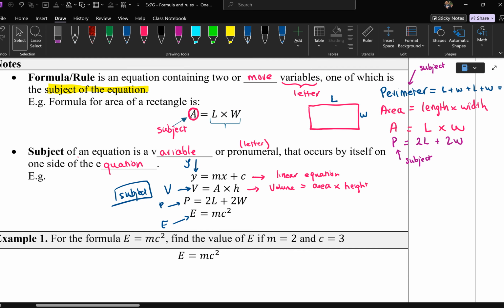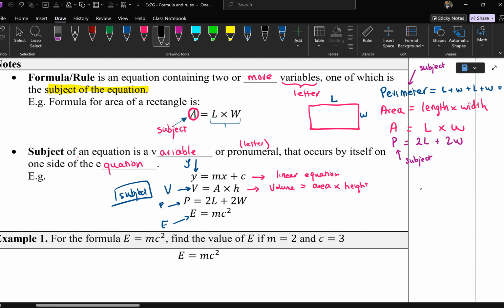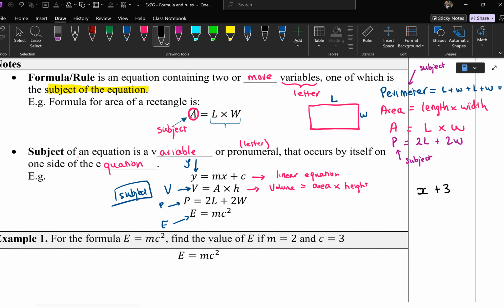Here's an example of a question they might give you, and they ask to make it the subject. So, let's do something easy. Let's do x is a number, and I add 3, and I add y is another number, equals 7. Okay?